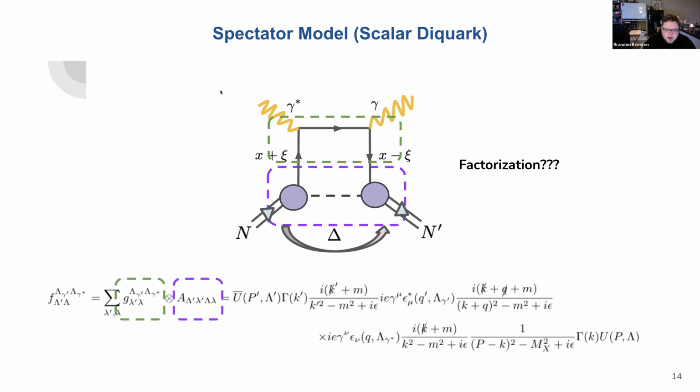Now, one can ask, can we separate out, for instance, the QED piece, this Compton scattering piece here, from the actual GPD itself? So when you write out your Feynman rules for this whole thing, you get this object here, and it's not directly apparent that one can actually factorize, for instance, this separation between the purple and green pieces.